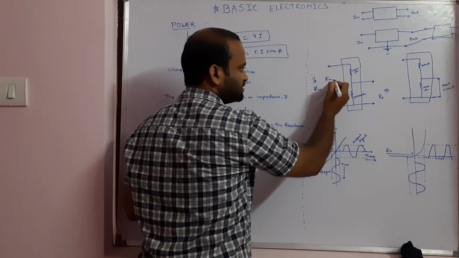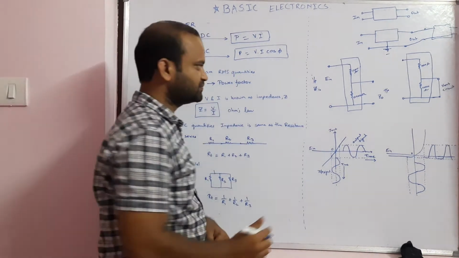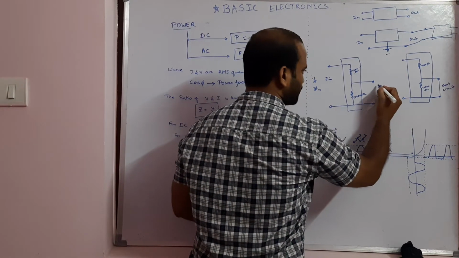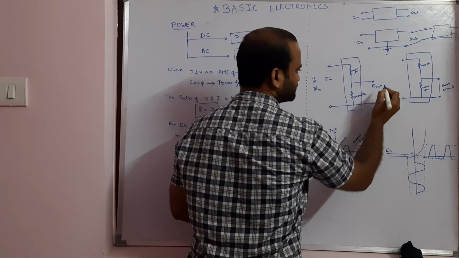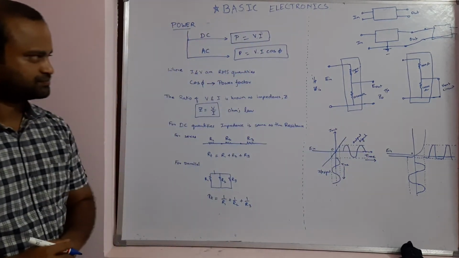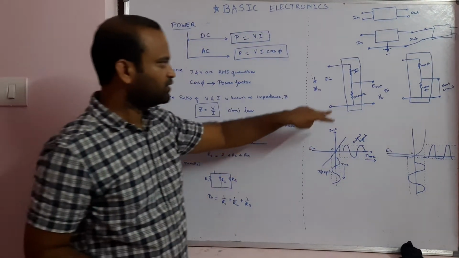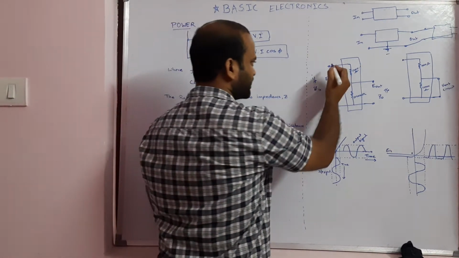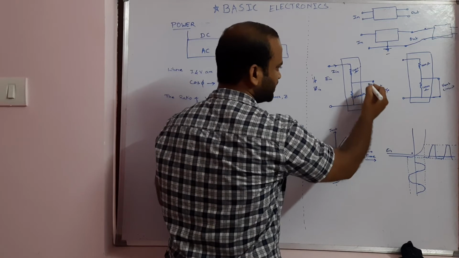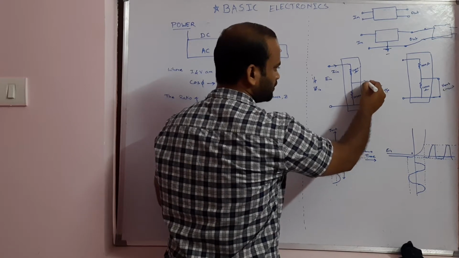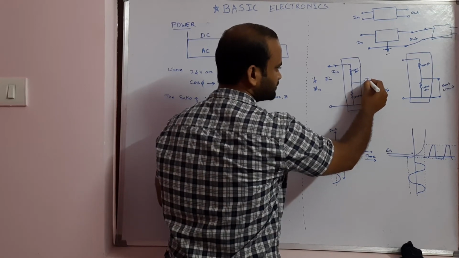Here we have E in, the input voltage, and here we have the output voltage, E out. Now we have the input current I in, and the output current.